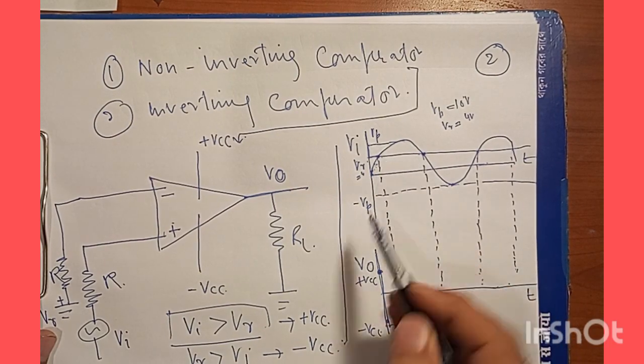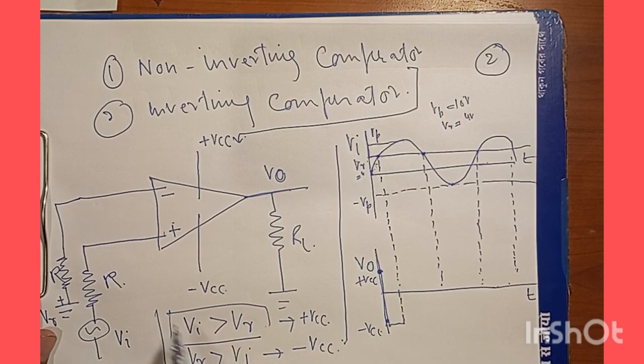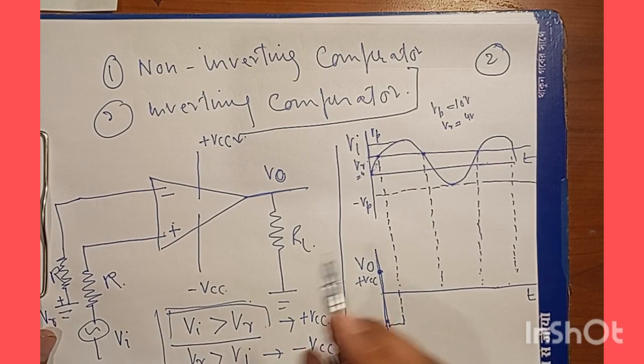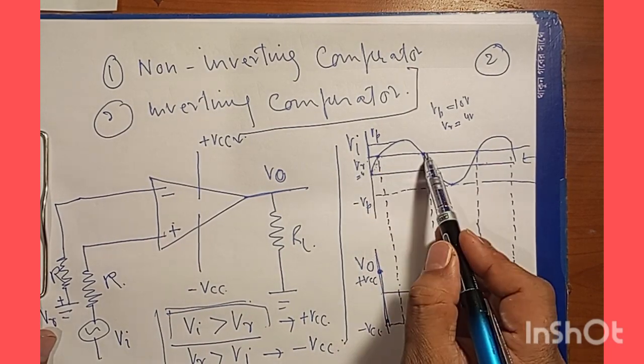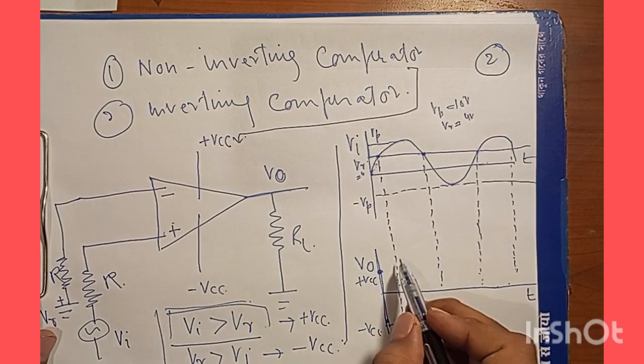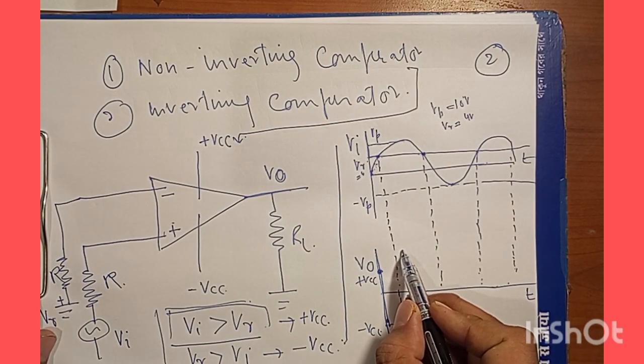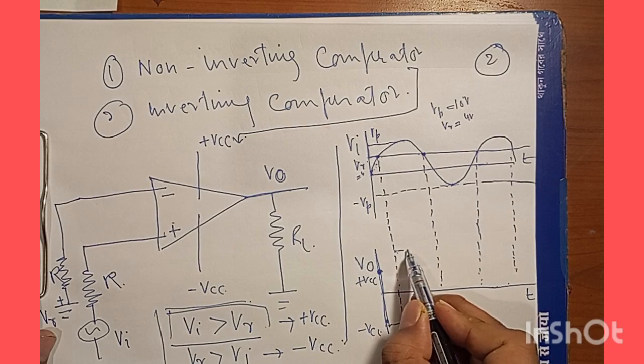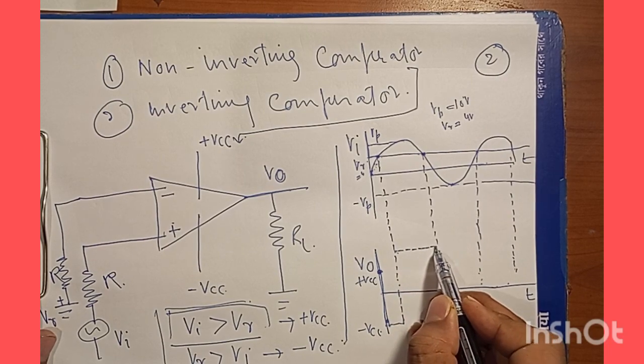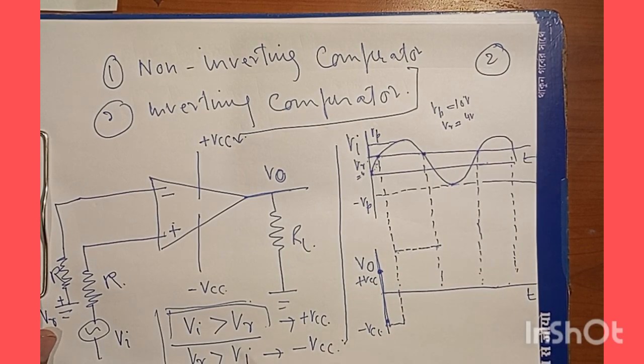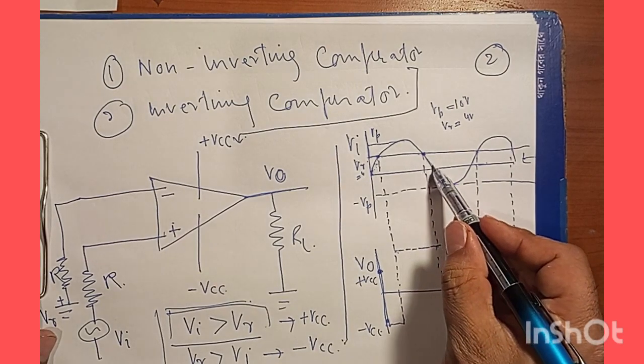if you can compare it with the equations that I have shown here, from here to here you can see a positive step, right? And then it goes down.